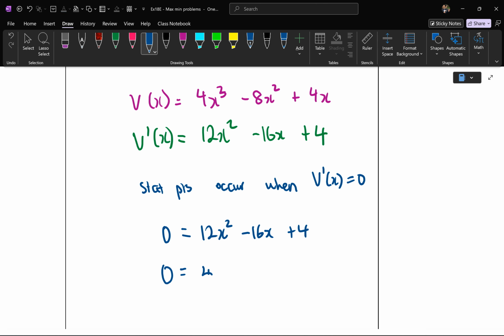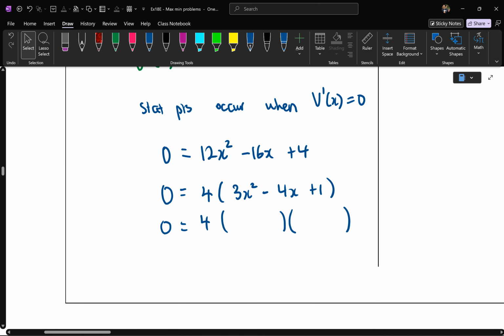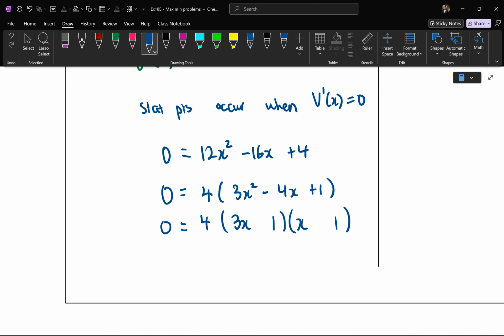Take out the 4 as a common factor: 3x squared minus 4x plus 1. That becomes 4 times two brackets. Hopefully by this point we all can factorize 3x squared minus 4x plus 1. What does that give me? That's 1, 1, -3, -1. Yep, there we go.